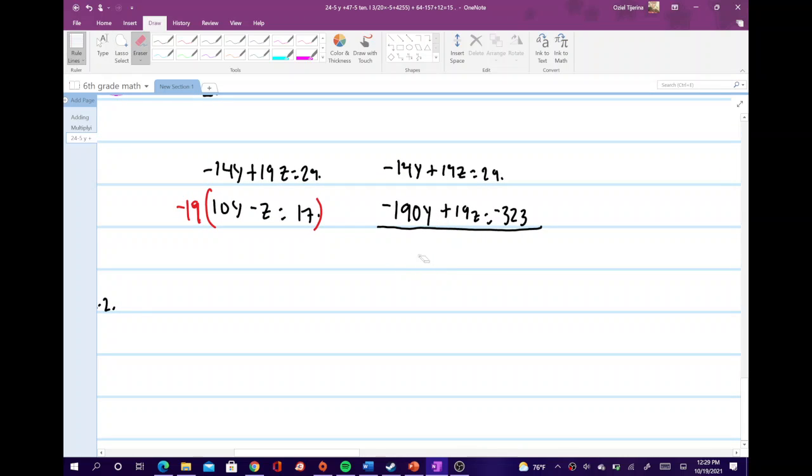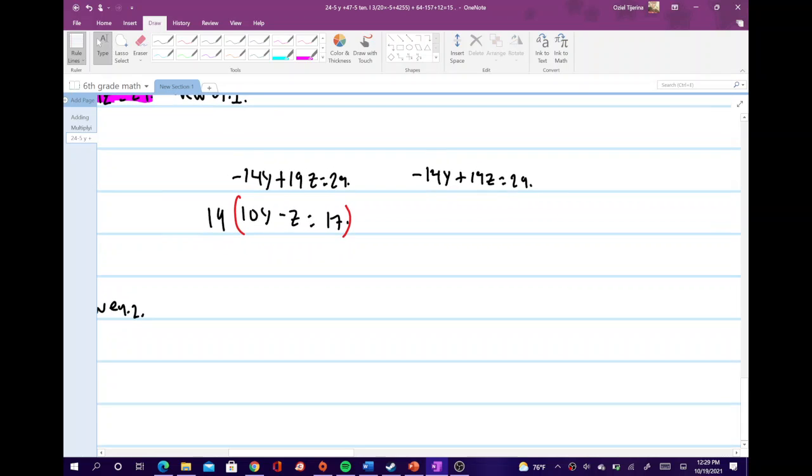And actually, I made a mistake. I meant to do this by 19. My bad. So you're multiplying by 19z to get negative 19z, so it's going to be 190y. That's why you have to be careful, because you can make a really simple mistake. Minus 19z equals 19 times 17, we said was 323, right?